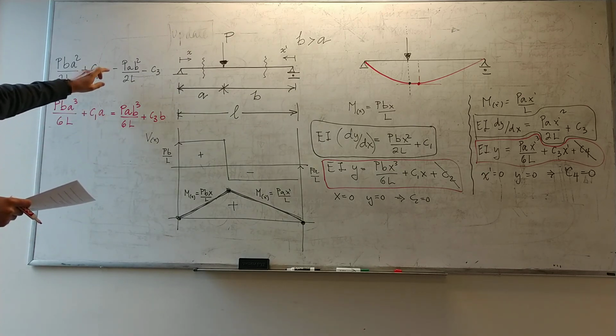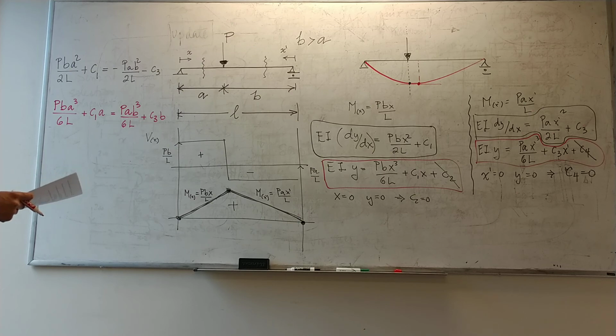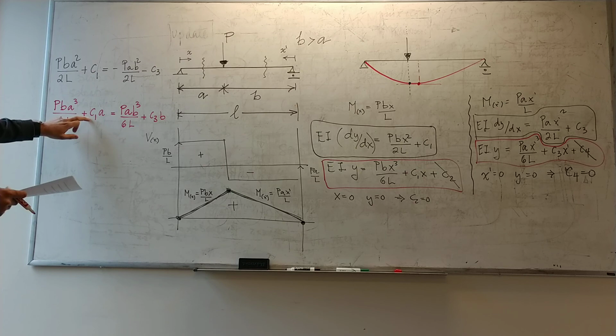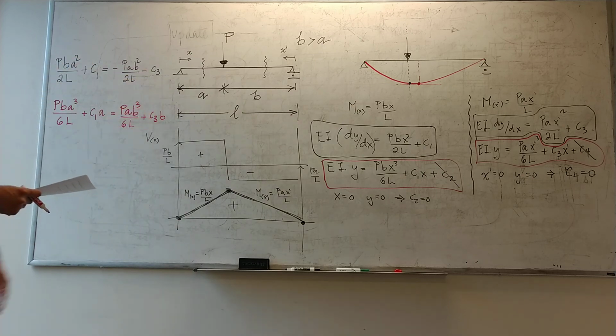So we have here two equations with two unknowns, C1 and C3. In order to solve these equations, basically what we're going to do is multiply this top equation by A, get these two terms the same, and then multiply this equation by -1, and then when we add them up, this term C1A will cancel and we're just going to be left with C3.